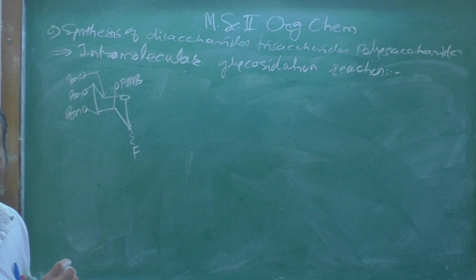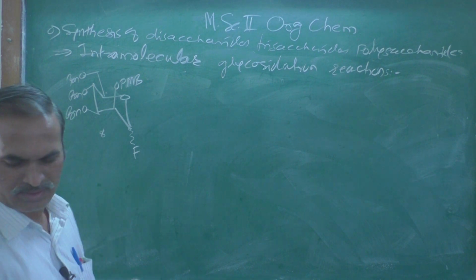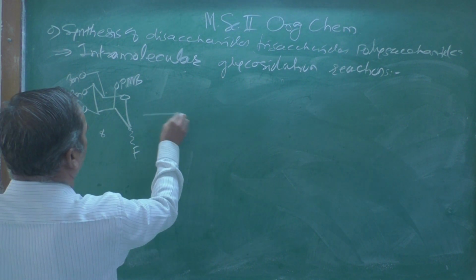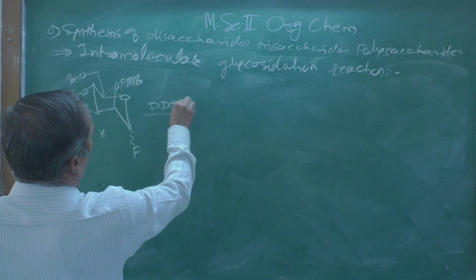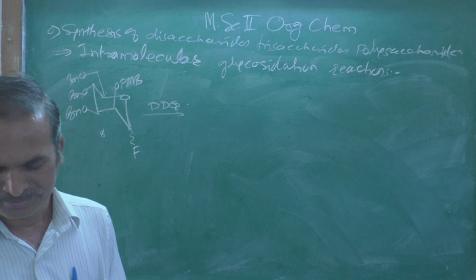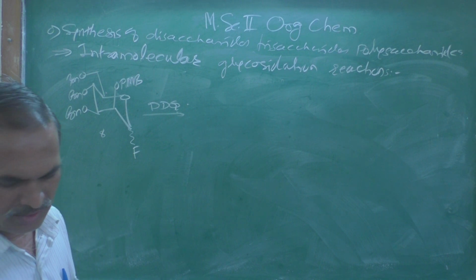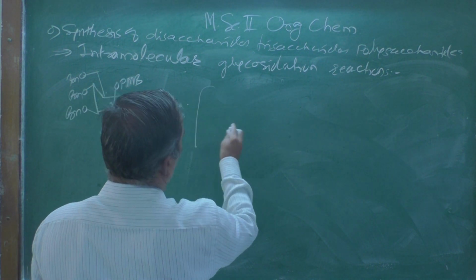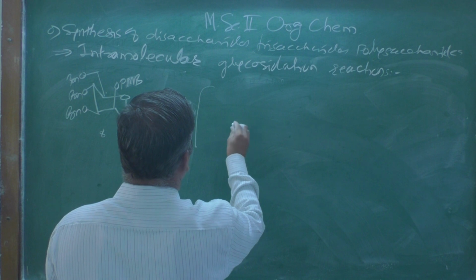This is structure number 8, which will be treated with DDQ, dichlorodicyanobenzoquinone, and then you will get this type of structure.